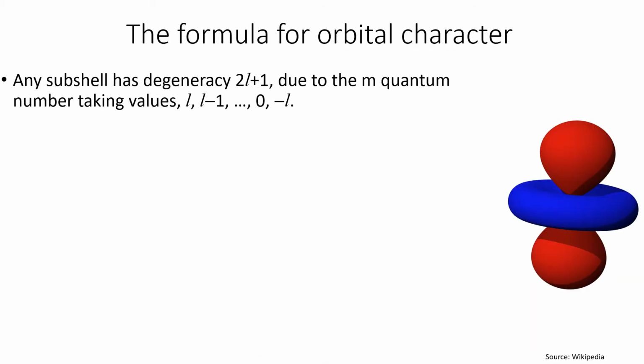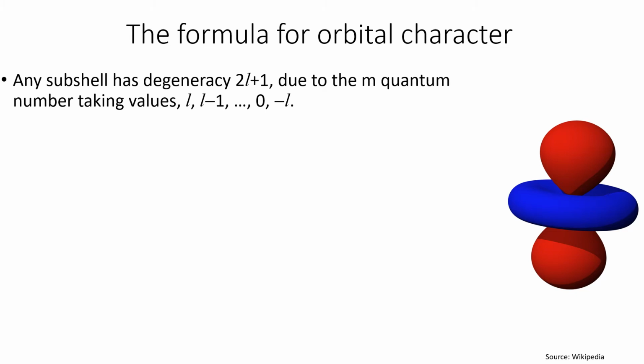So how are we going to work out the characters then for the d orbitals under the octahedral rotations? Perhaps one thing to mention first of all is that if you've got a subshell quantum number L, then this will have degeneracy of 2L plus 1. So there are 2L plus 1 states of equal energy. In a d orbital, L equals 2.